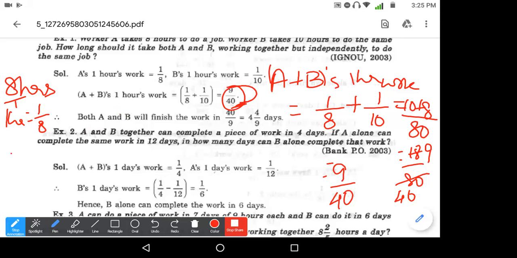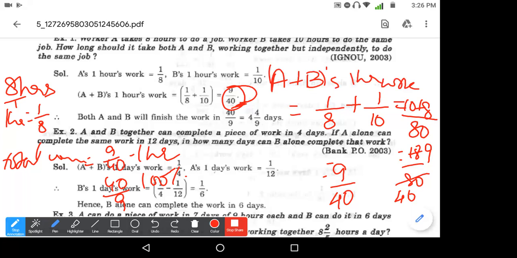Now how will they complete the total job? 9 by 40 was for 1 hour. Now for the full 100% you'll have to reverse: 40 by 9. Okay, 40 by 9, that is how we will do it. Or you can take it as a rule saying reverse the fraction, so that it will be easy for you to remember.